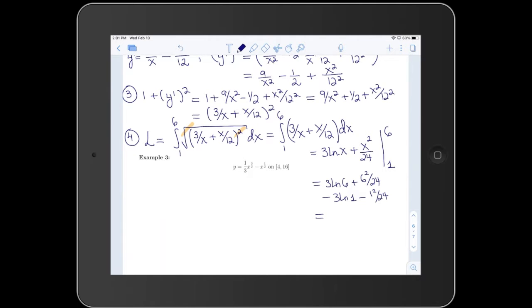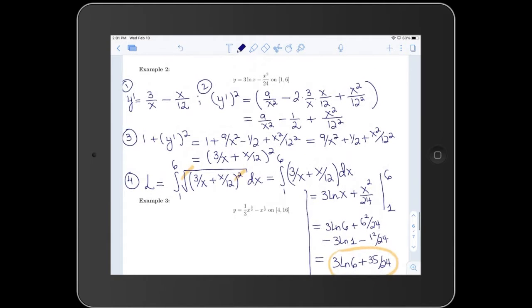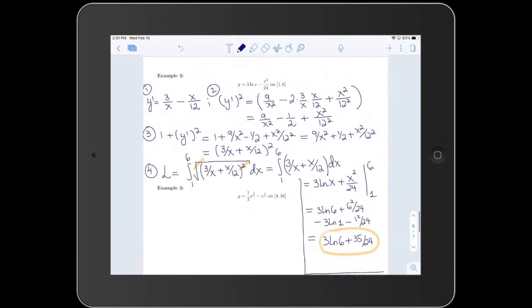Once we simplify all of this algebra, we should get 3 natural log of 6 plus 35 over 24. Okay, of what? This is length, so this would be units squared. Not squared, just kidding, just regular units, right? Okay. All right, so let's see. Here's your solution to example number 2.